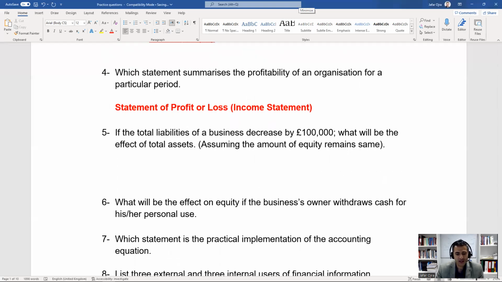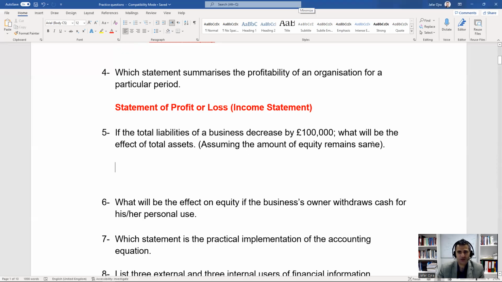So question number 5. If the total liabilities of a business decrease by £100,000, what will be the effect on total assets, assuming the amount of equity remains the same?